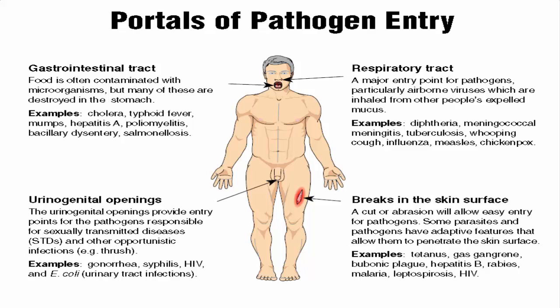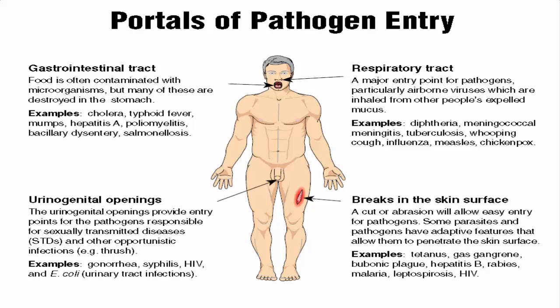Examples would include cholera, typhoid fever, mumps, hepatitis A, poliomyelitis, bacillary dysentery, and salmonella. Respiratory tract pathogen entry is usually by breathing. If you inhale other people's expelled mucus, examples could be diphtheria, meningococcal meningitis, tuberculosis, whooping cough, influenza, measles, and chickenpox.